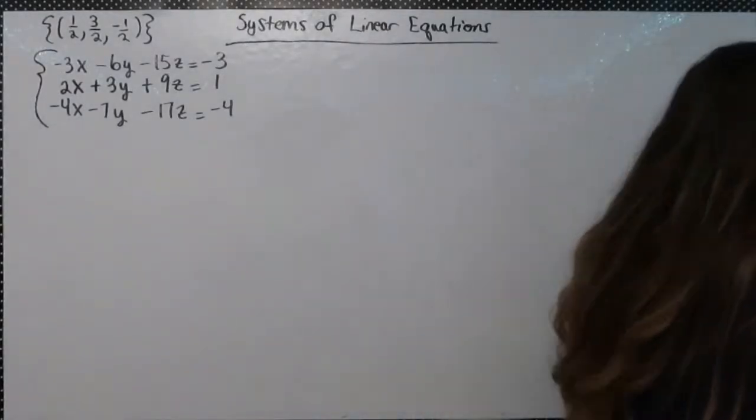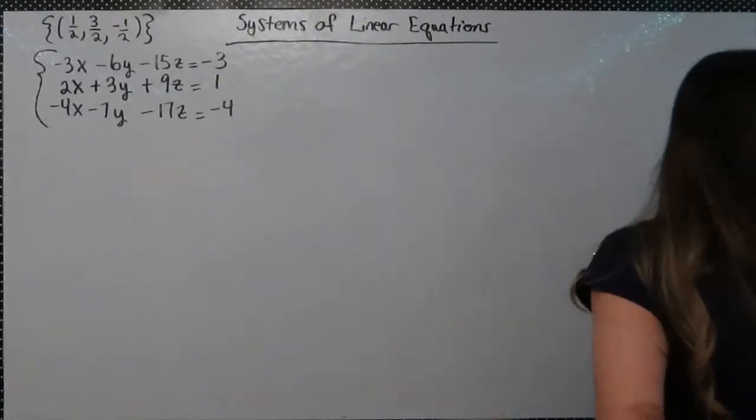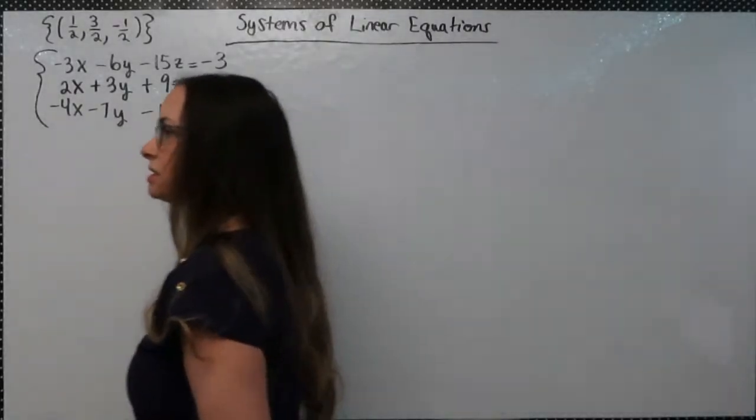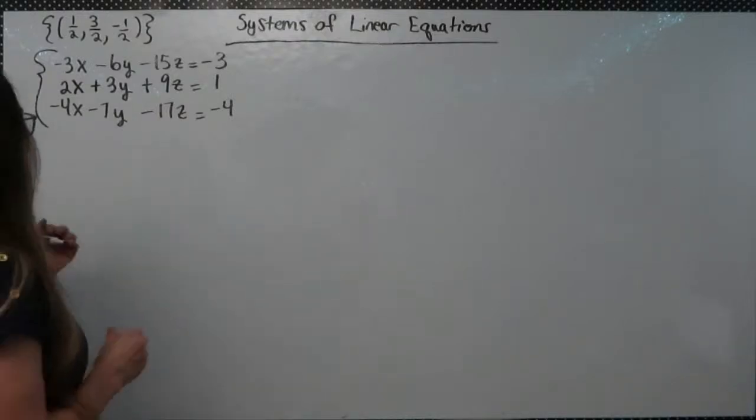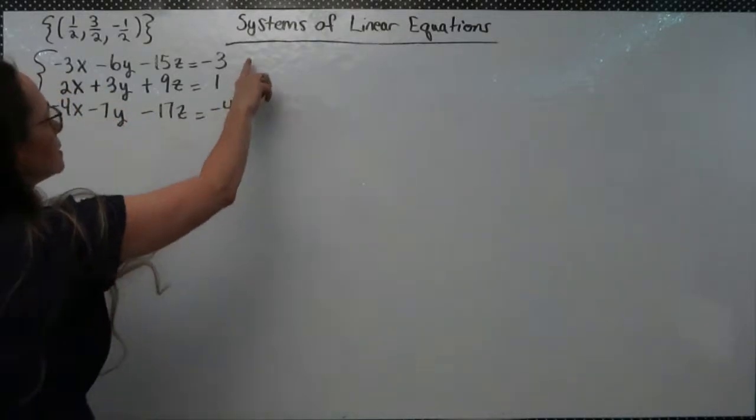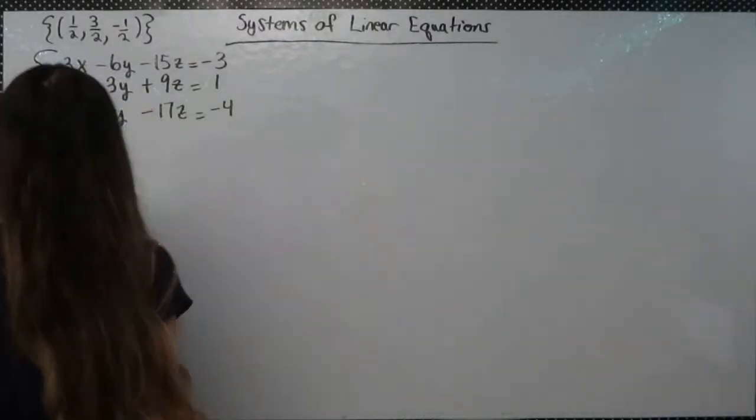All right, so we have this system and we have a solution to this system. We're going to start out with the coefficient matrix, and let's see if we can get it right in here below.